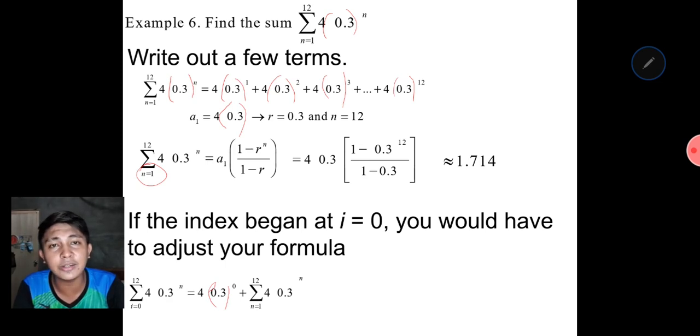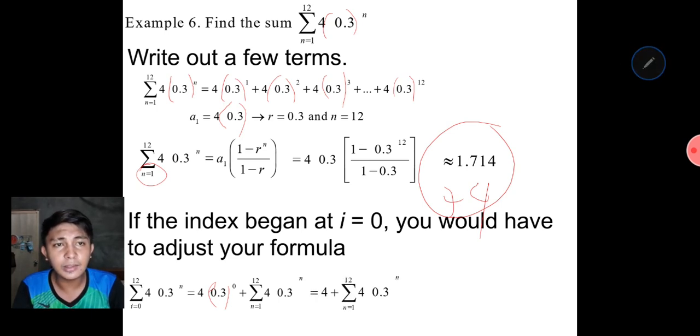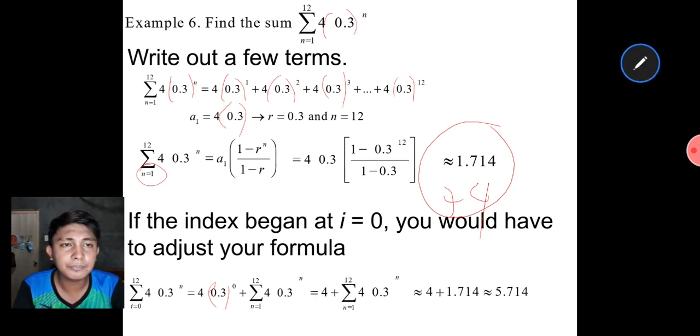So, 0.3 raised to 0. Any number or any value that is raised to 0 is equal to 1. So, times 4. So, parang nag-plus 4 lang tayo dito. So, that is 5.714.